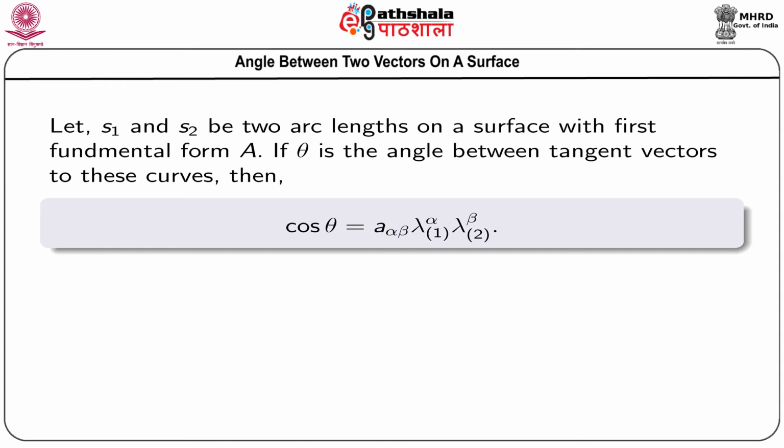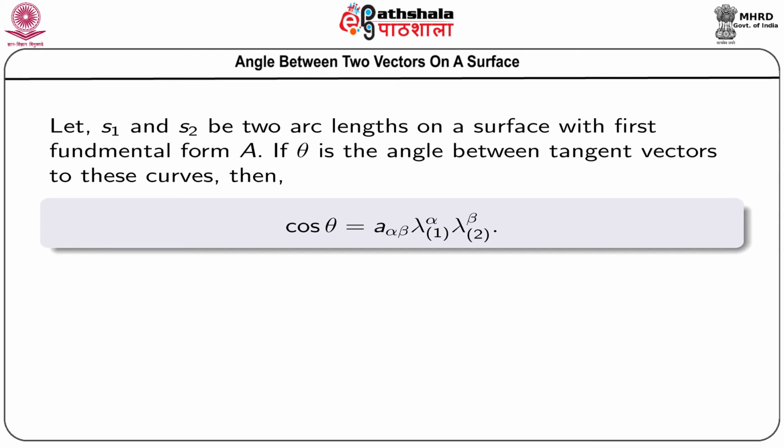Now, what is the meaning of this lambda alpha 1 and lambda beta 2? A alpha beta is the coefficient of the first fundamental form. We have seen in our earlier section that A alpha beta is a covariant symmetric tensor of rank 2.